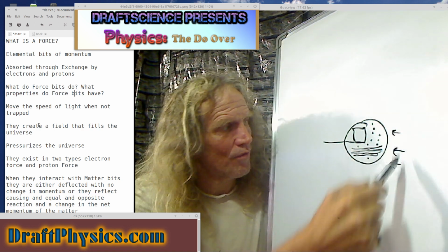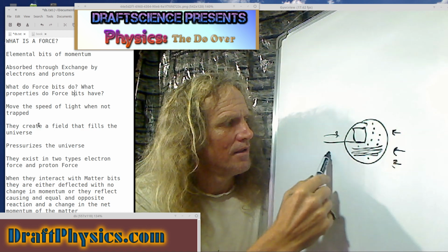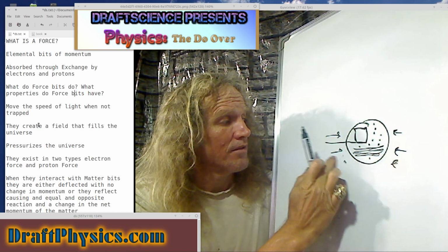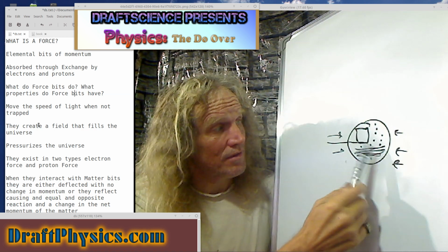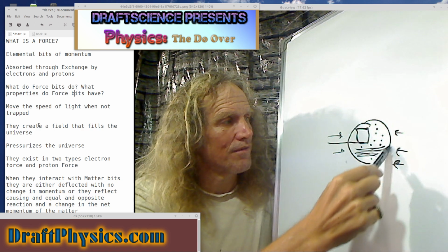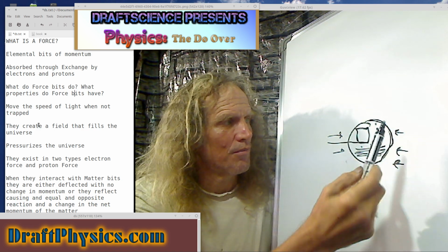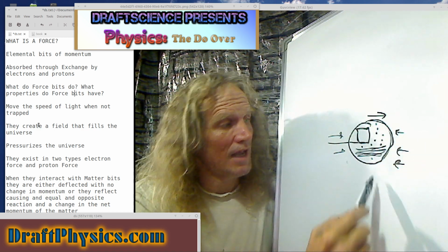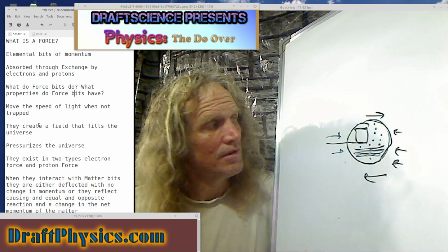So by having more force on one side than the other side, and you're making these exchanges, well, if you make 2 exchanges going this way and you make 3 going this way, you can understand that now this hunk of space has changed. It went from having an imbalance in this direction to having an imbalance in this direction.